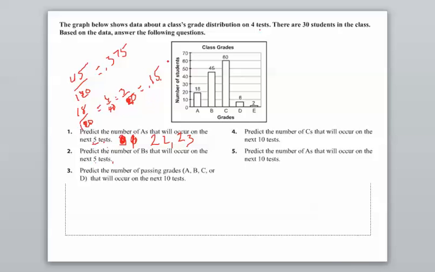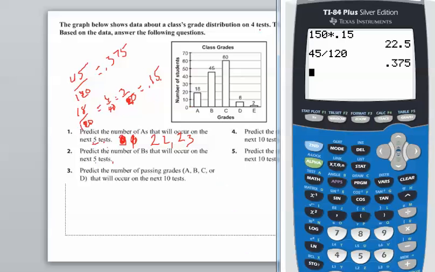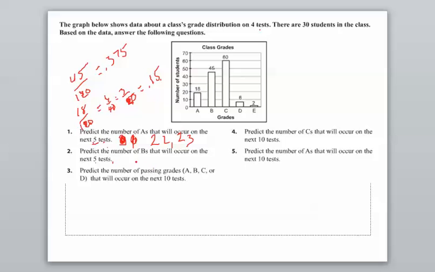Well, 5 times 30 is 150. So if I take 150 tests times 0.375, I will get 56 and a quarter. So the number of B's, 56.